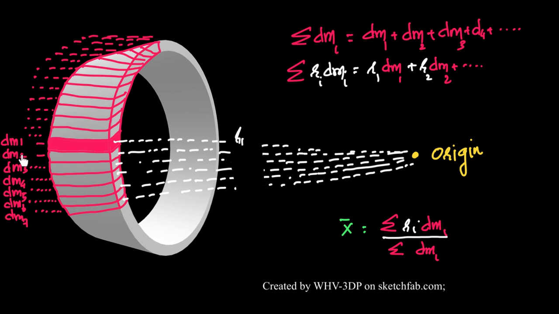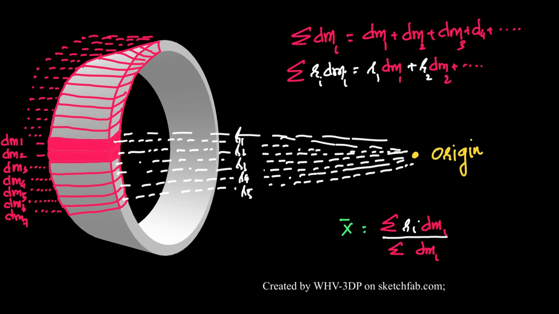The distance of dm2 about origin becomes r2. Similarly, we have r3, r4, r5, and corresponding distances which measure about the origin.